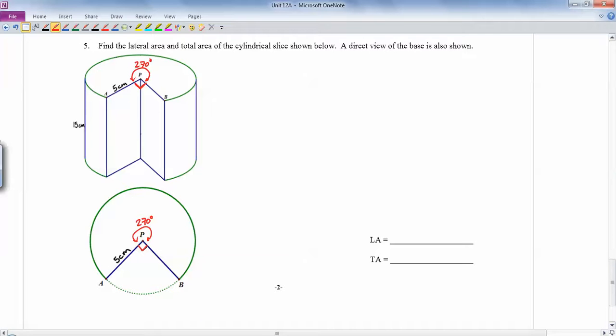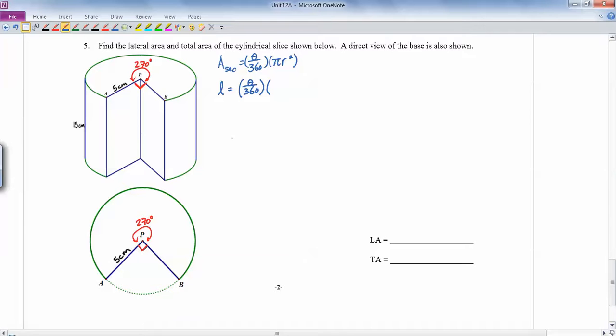Okay. Now, before we jump into this problem, I want to review two things that are related to sectors. So one of them is area of a sector. So remember, that's theta over 360. It's a fraction of the circle's area. So there's my fraction of the circle's area. And then there's another one that's arc length, which is a fraction, but not of the area.